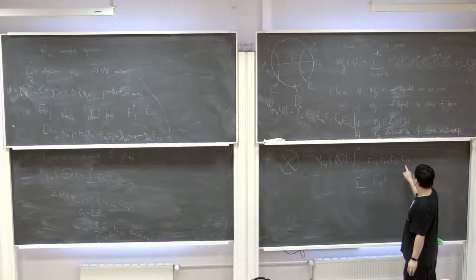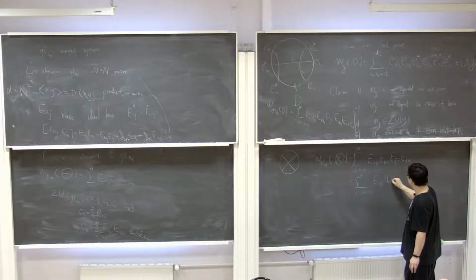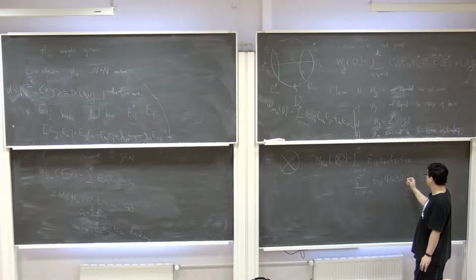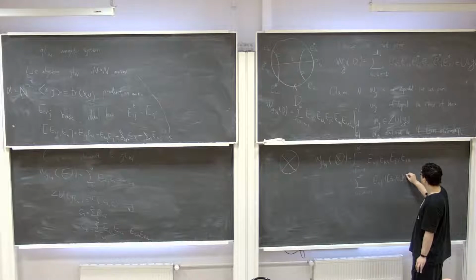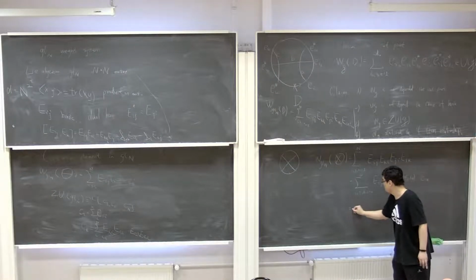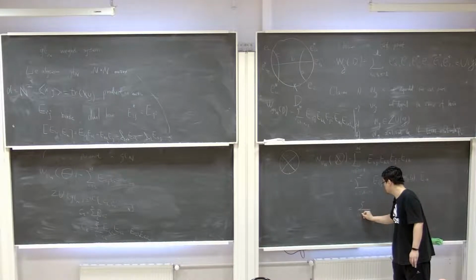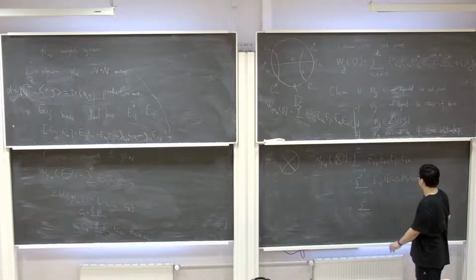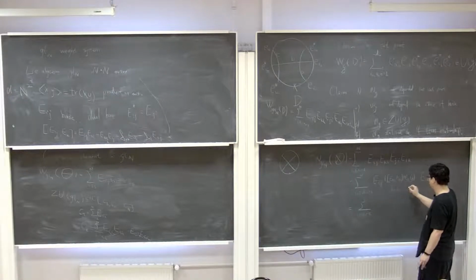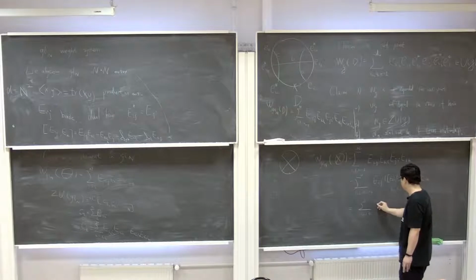So Ekl, Eji, plus Eji, Ekl. And this is actually the delta lj Eki minus delta ik Ejl. So that's totally 4 terms.